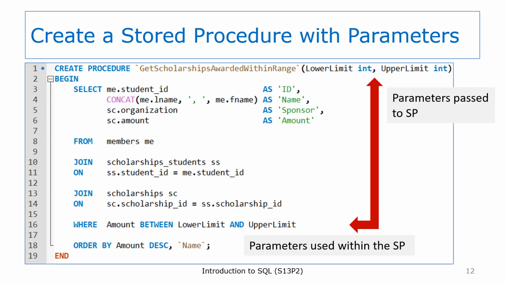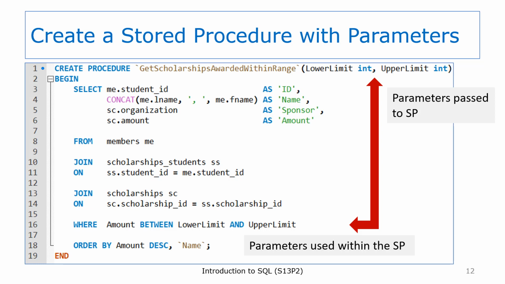Here is an example of a stored procedure that uses parameters. In this example, there are two integer parameters. You can see the parameters inside the parentheses following the procedure name on line 1. The name of the stored procedure is GetScholarshipAwardedWithinRange. So the parameter names are lower limit and upper limit.